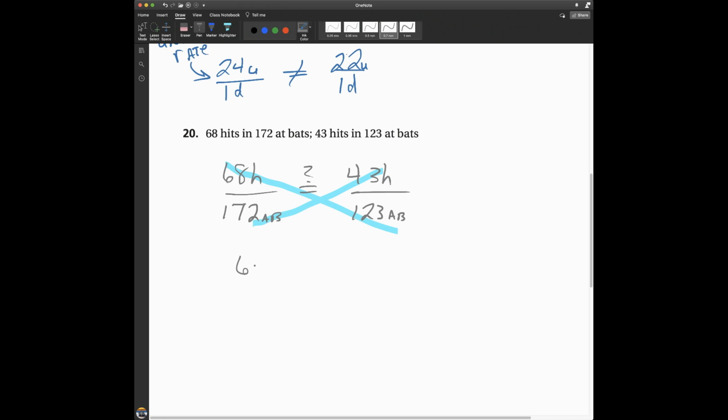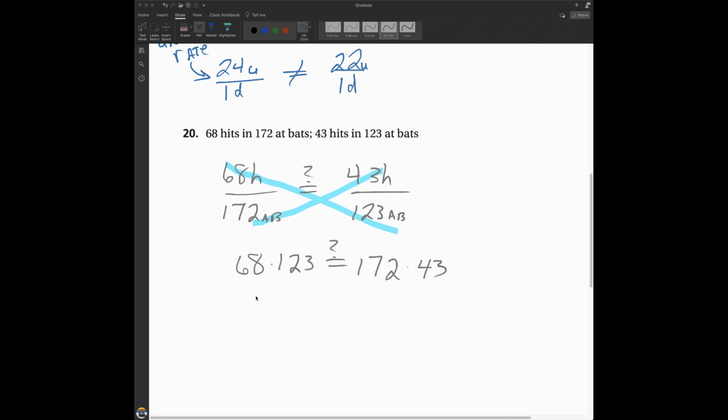And so I will take 68, multiply it by 123, and I want to know, does that equal 172 times 43? I meant 123. So let's do some multiplication. 68 times 123.